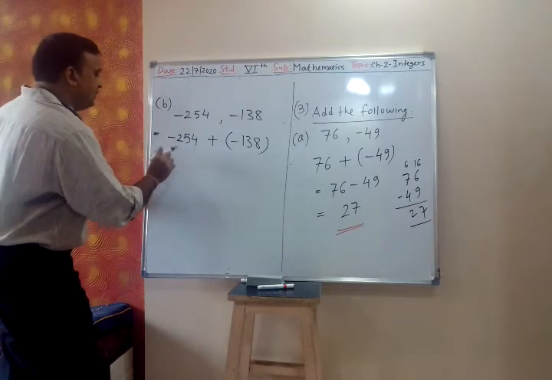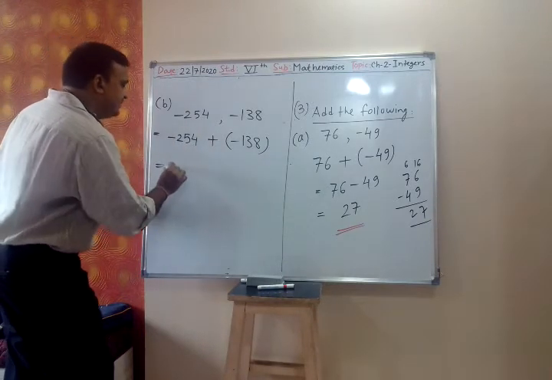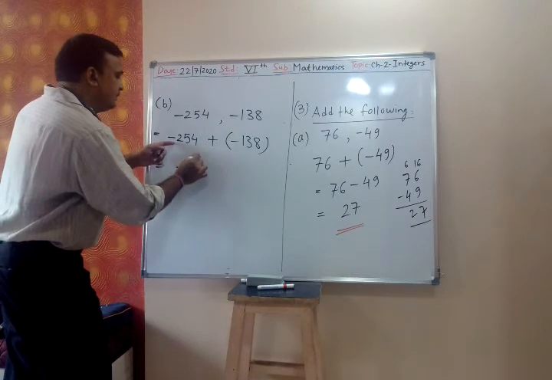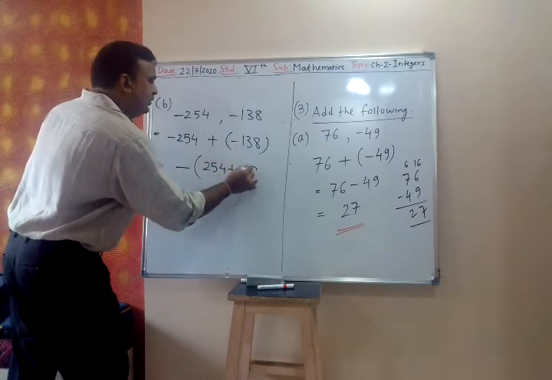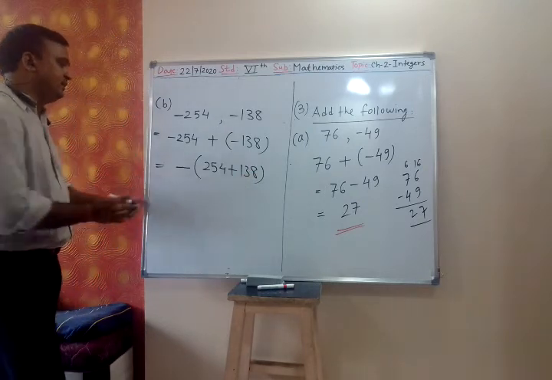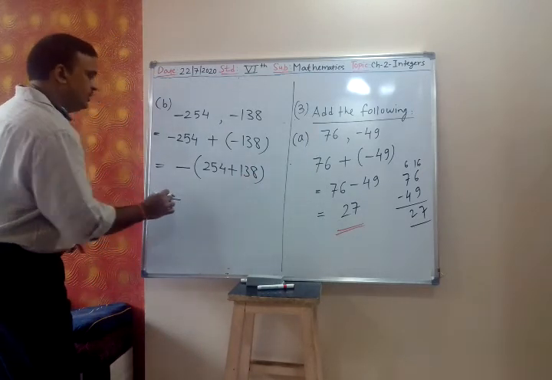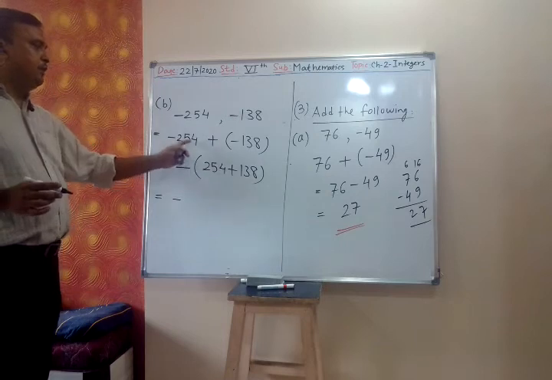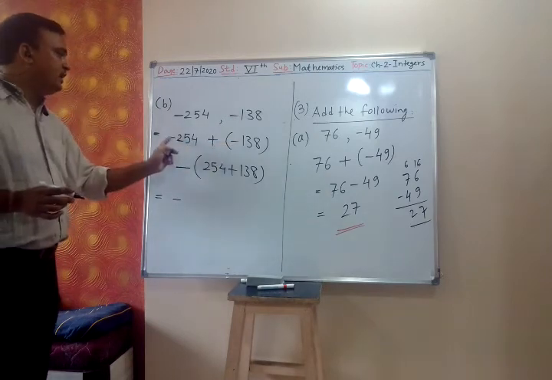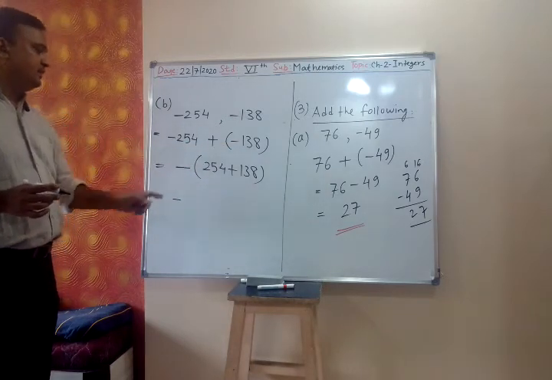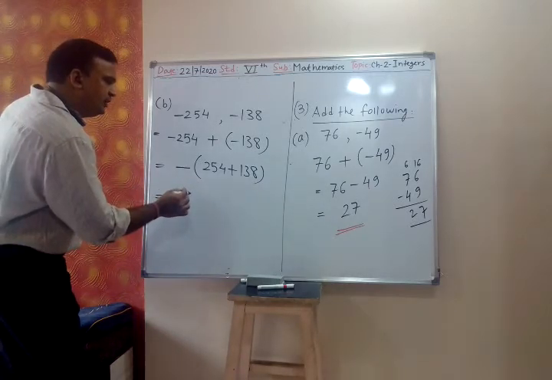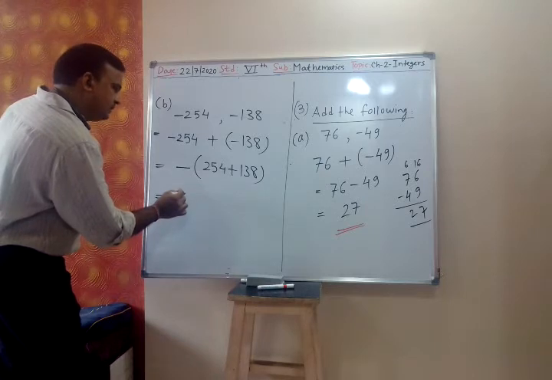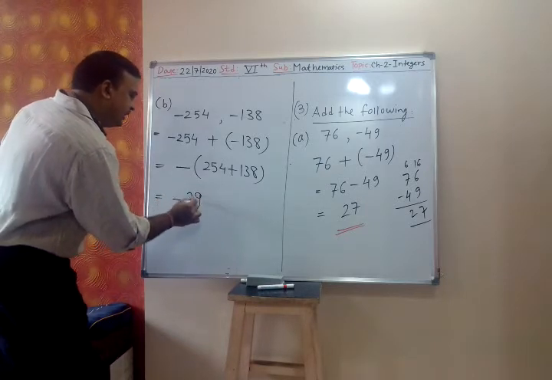So common sign of minus minus will be minus, and add the number. 254 plus 138. What is that? 392. Minus 392 is the answer.